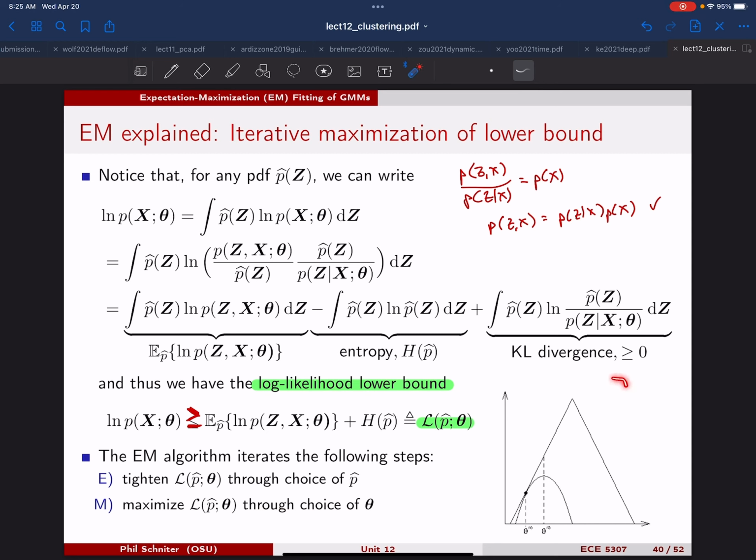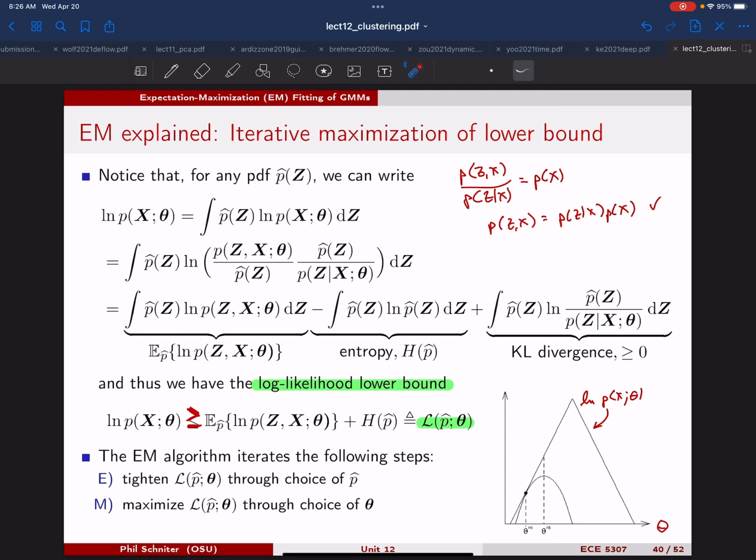So let me illustrate this using this picture here. Imagine that this is your log likelihood. This is just a pictorial illustration. If our goal is to maximize this, and this is theta here, we want to find the theta that maximizes this, which is clearly this theta.